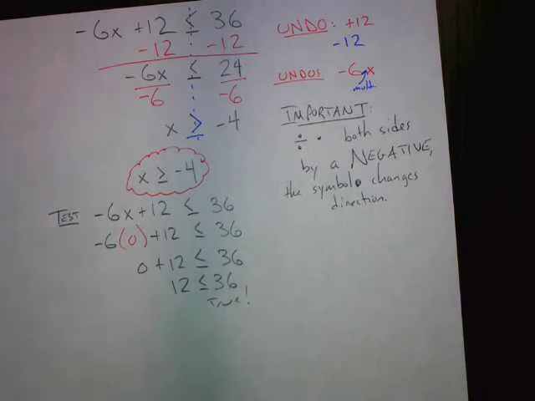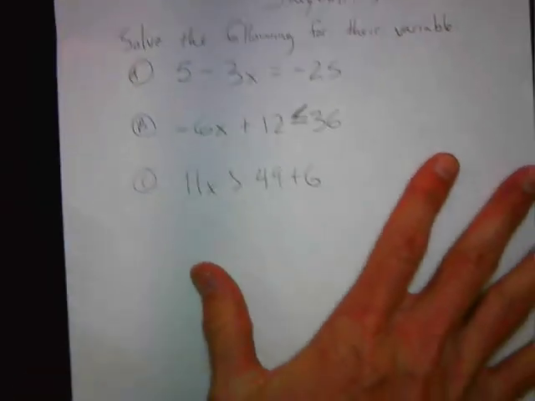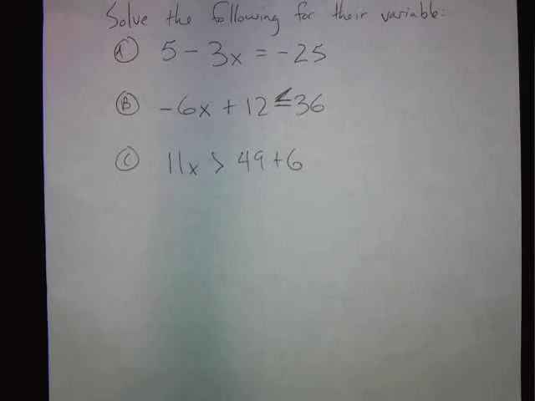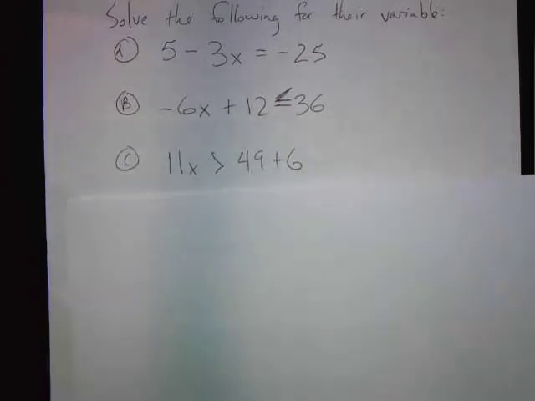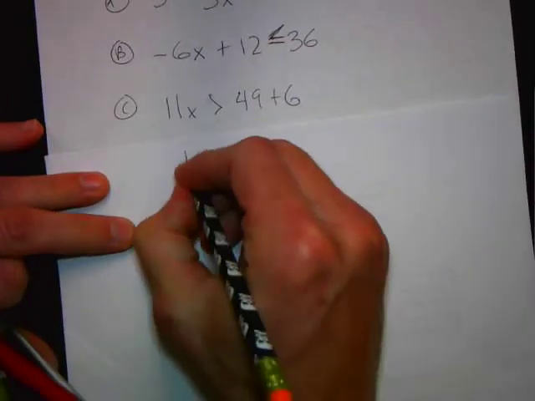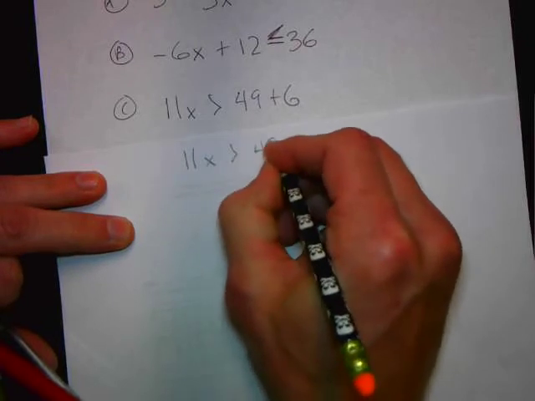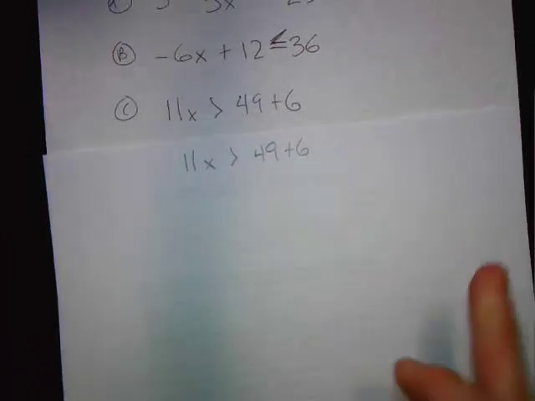All right. Now, for one last example, this one's going to be kind of fun. I'm going to show you a couple things that I find interesting. So for this last example, we have a little bit of work to do first. We have an inequality: 11x is greater than 49 plus 6.